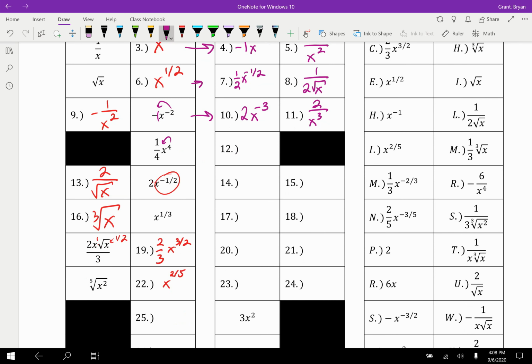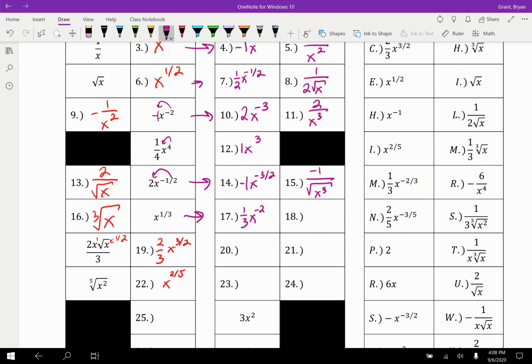The 4 is going to multiply by a fourth, and 1/4 of 4 is 1. X and then reduce the power by 1. X to the negative 1/2, well, let's see, negative 1/2 times 2, half of 2 is 1, negative times positive is a negative, and then reduce the power by 1. Rewriting this, it drops down, and I think this is going to become the square root of x cubed.